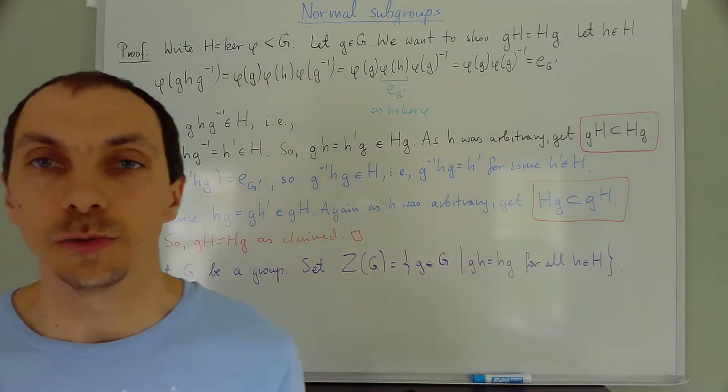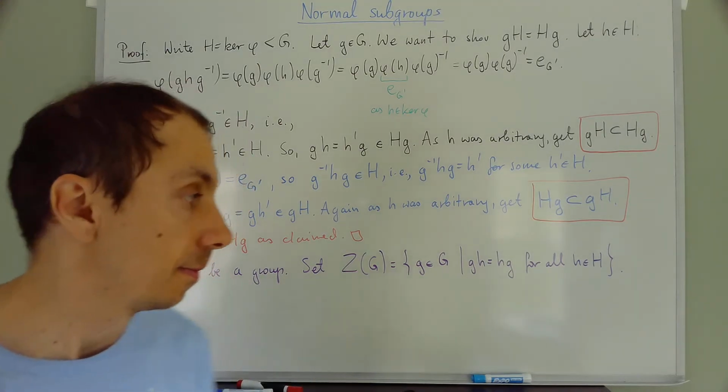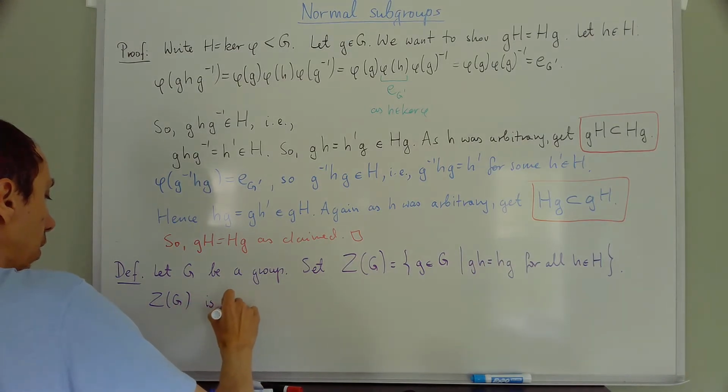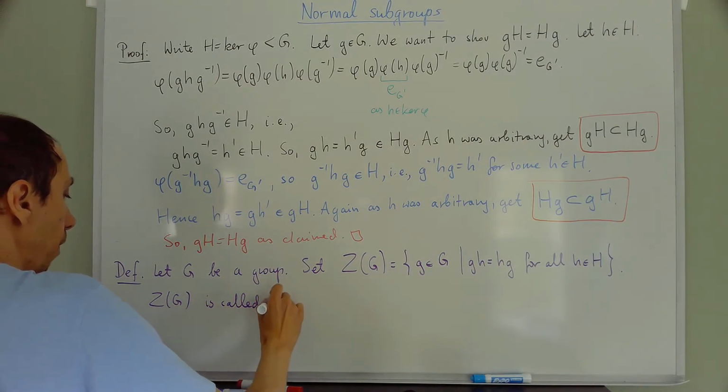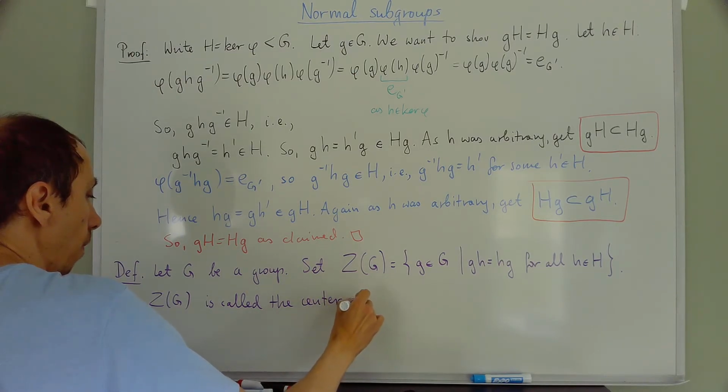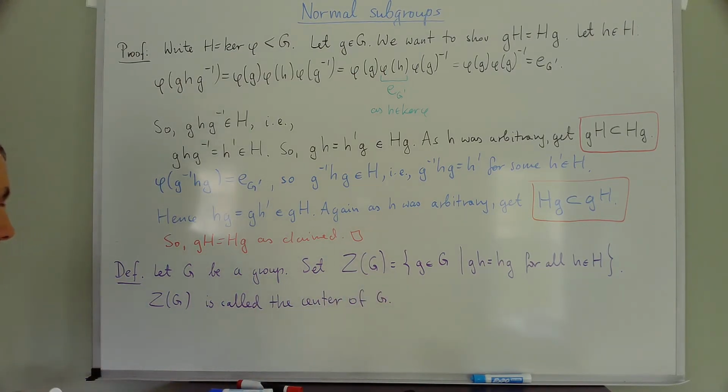These are the elements which commute with everything. Z of G is called the center of G.